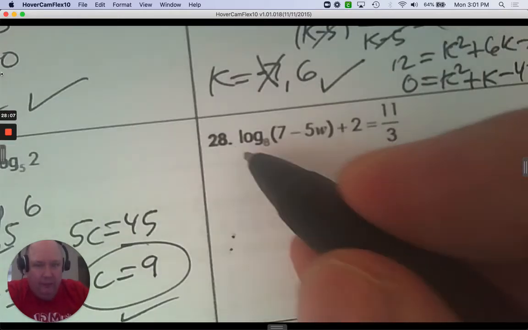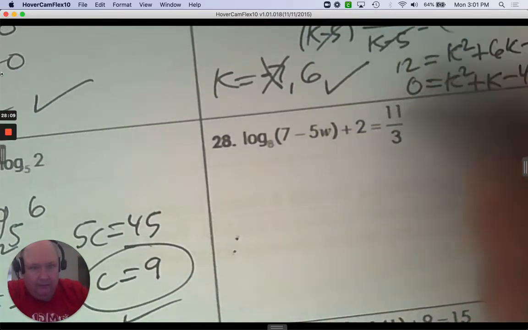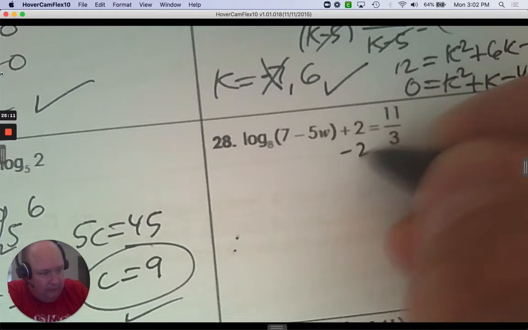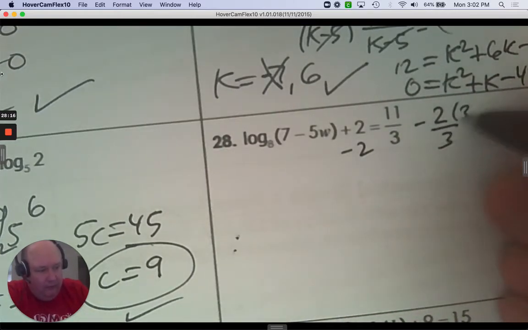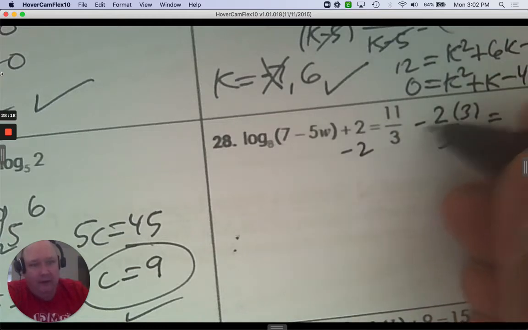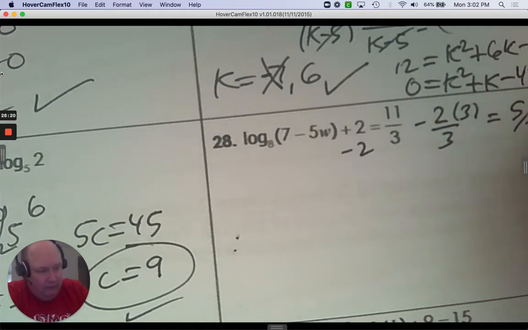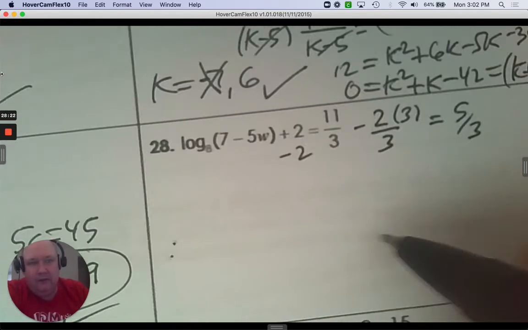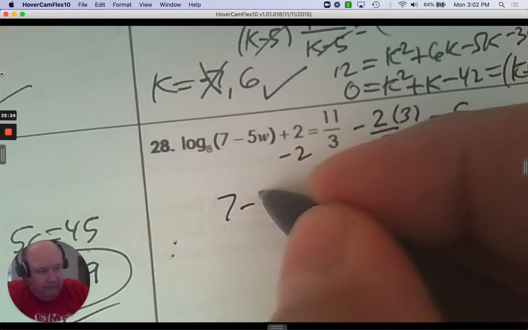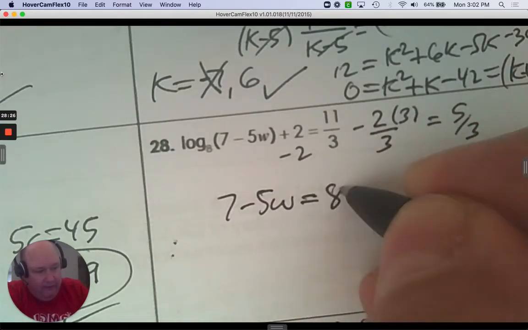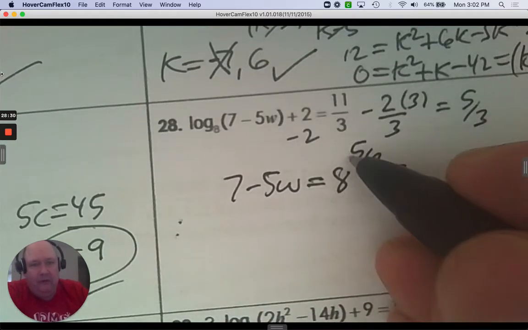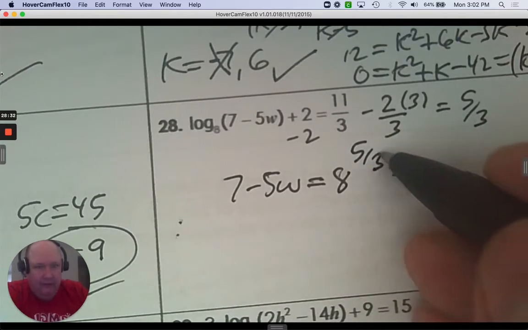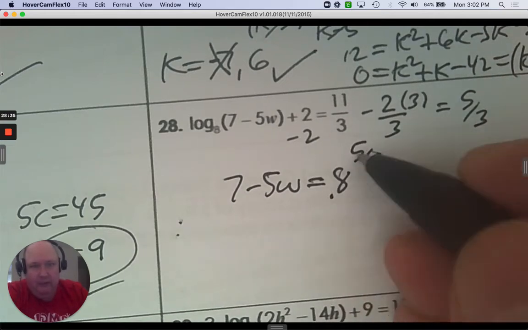This is different. We have a logarithm equaling a number. So step 1 is going to be to subtract 2 from both sides. Get common denominators. So we have 11, take away 6, so that's 5/3. And then we're going to write this exponentially. So we have 7 subtract 5w equals 8 to the exponent 5/3. 8 to the exponent 5/3 means the cube root of 8 to the power of 5.